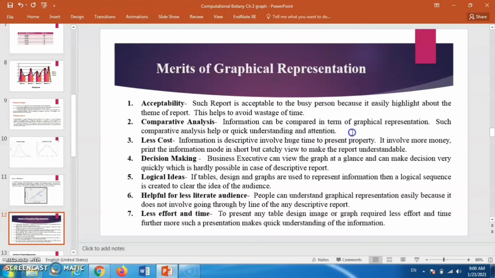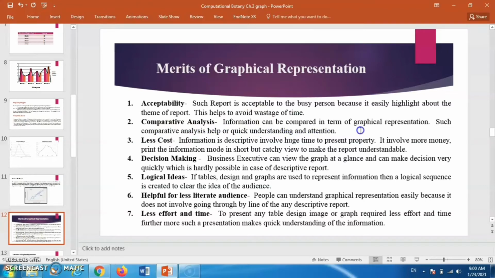Merits of graphical representation. Number 1, acceptability. Such a report is acceptable to a busy person because it easily highlights the theme of the report. This helps to avoid wastage of time. Comparative analysis.